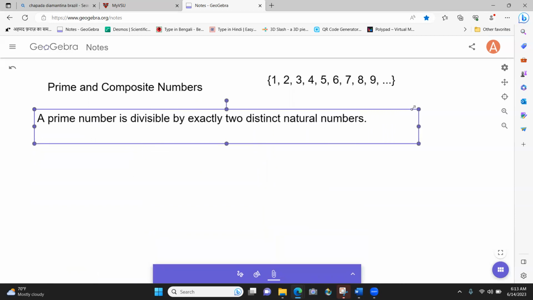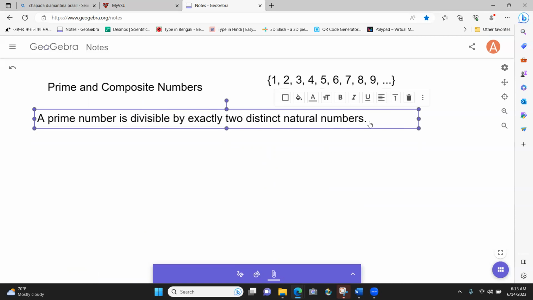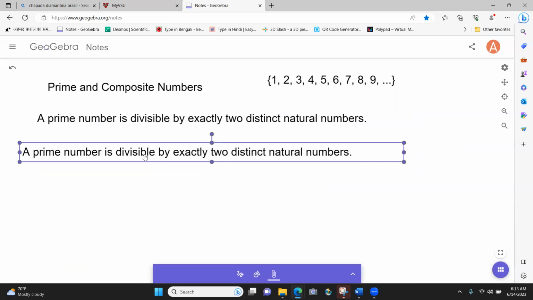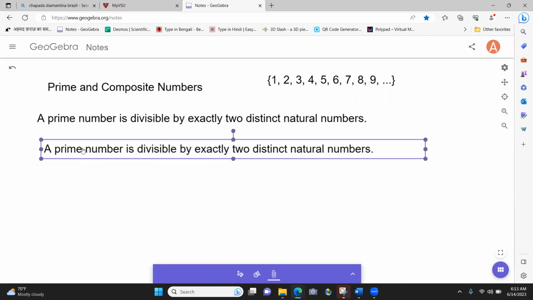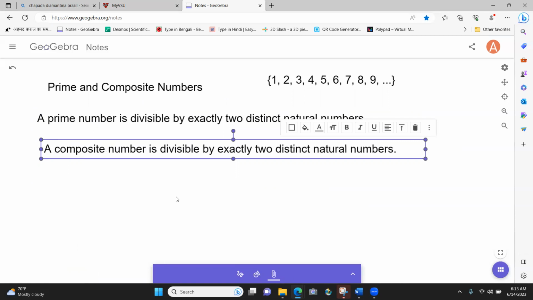All right. What's a composite number? A composite number is divisible by more than 2, by at least, let's use the word at least, 3 distinct natural numbers.